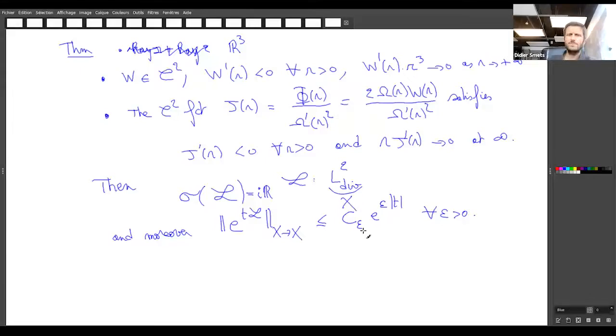When this happens, we say that the growth bound of the semi-group is 0. But we cannot prove, for example, that there is only polynomial growth. Still, we prove that there are no exponential modes, no eigenvalues. Okay, a few words about the proof.